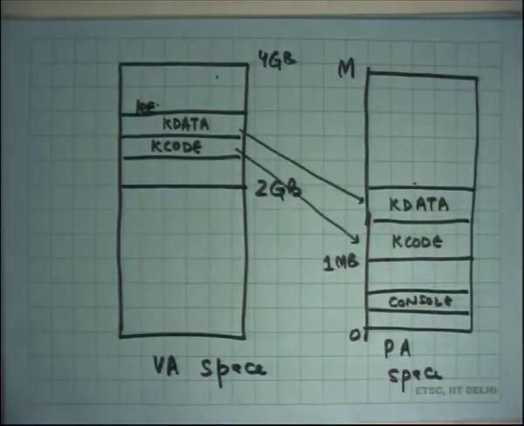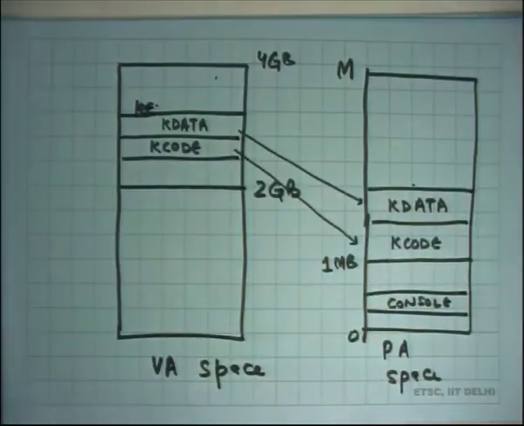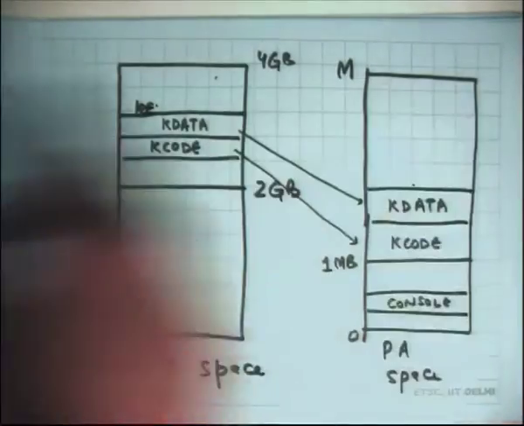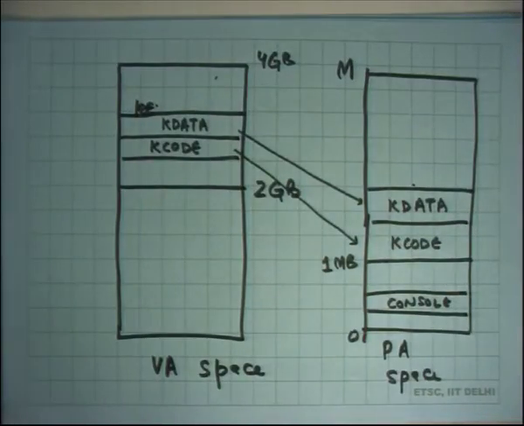What are the other things? You are going to use it as a heap for, let's say, maintaining your PCBs, process control blocks. You are going to use it as a space from where you allocate the kernel stacks of the processes. Moreover, the address space of the process itself is going to get allocated from this space.